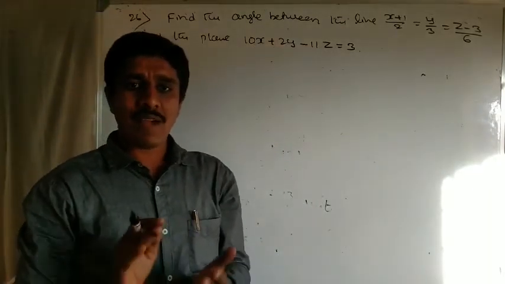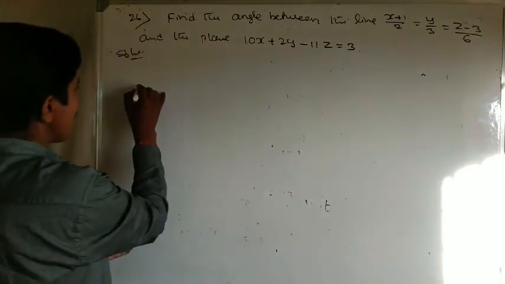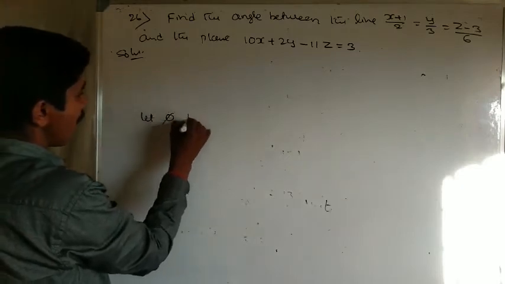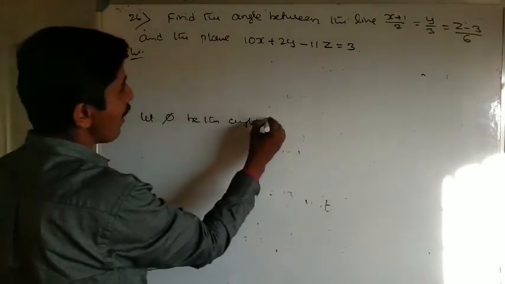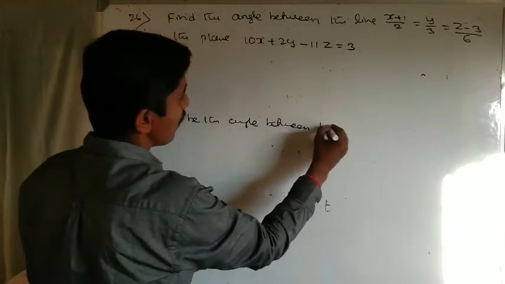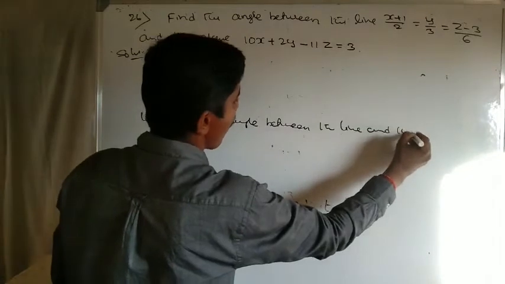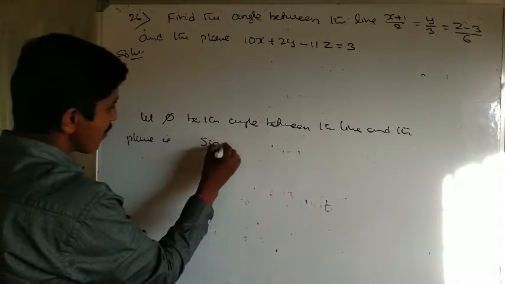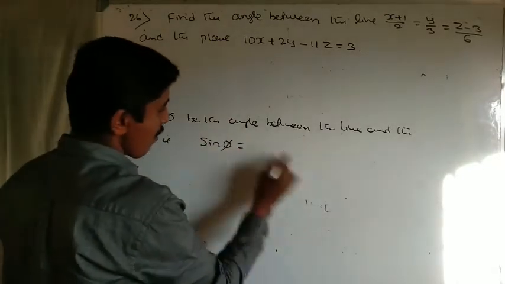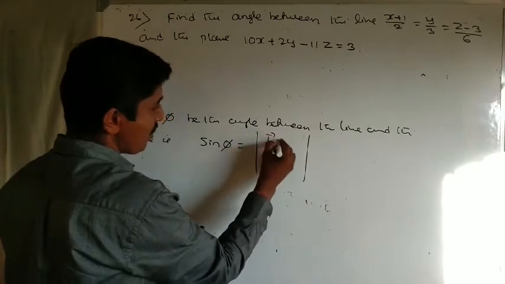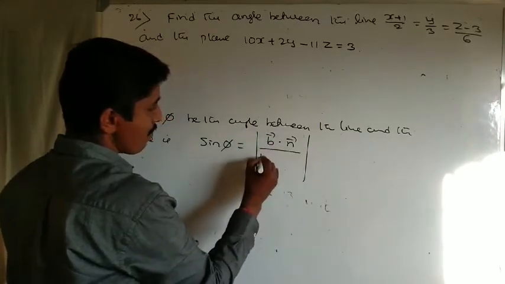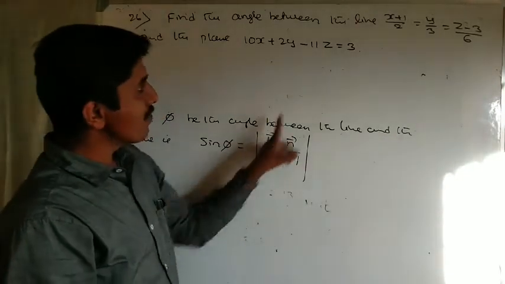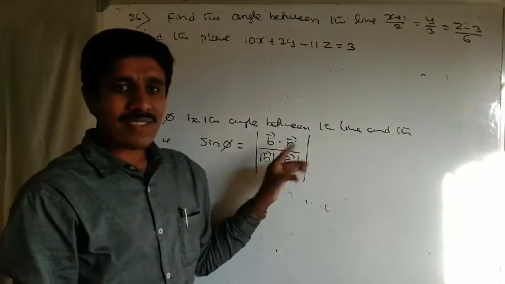We know the formula: let phi be the angle between the line and the plane, given by sin phi = modulus of vector b dot vector n divided by magnitude of vector b times magnitude of vector n. Mind it, vector b means direction ratios of the line, and vector n means normal to the plane.